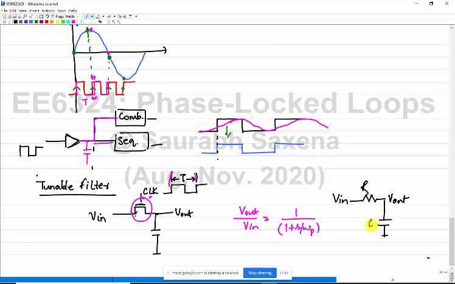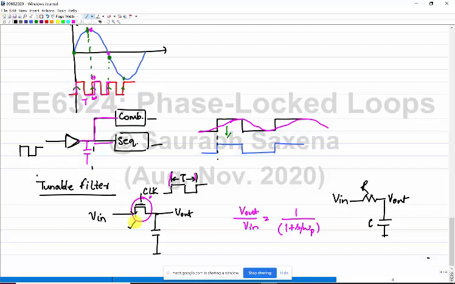So what one can do is, in place of using a fixed resistor, you can use a MOSFET and clock that MOSFET. When you clock a MOSFET, you change the effective resistance, and when you change the effective resistance, you change the effective bandwidth.